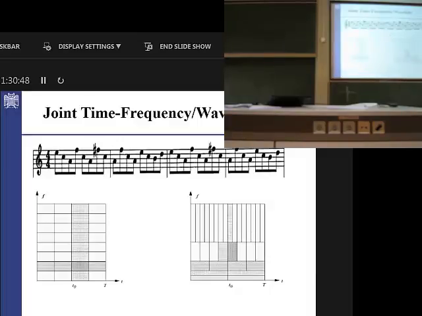Then you want to go one level further. For the mid frequencies, you can chop down the window in time to get the lower frequencies, but not the lowest, the mid frequencies actually.